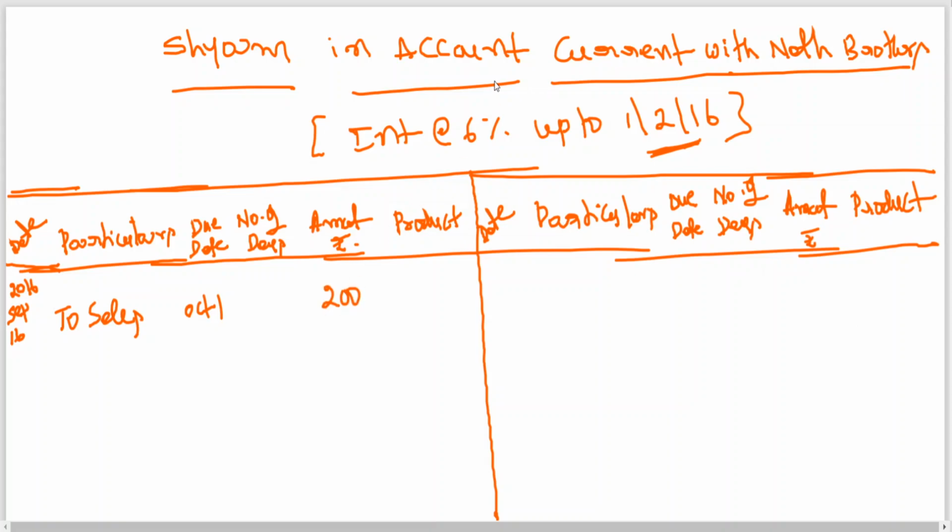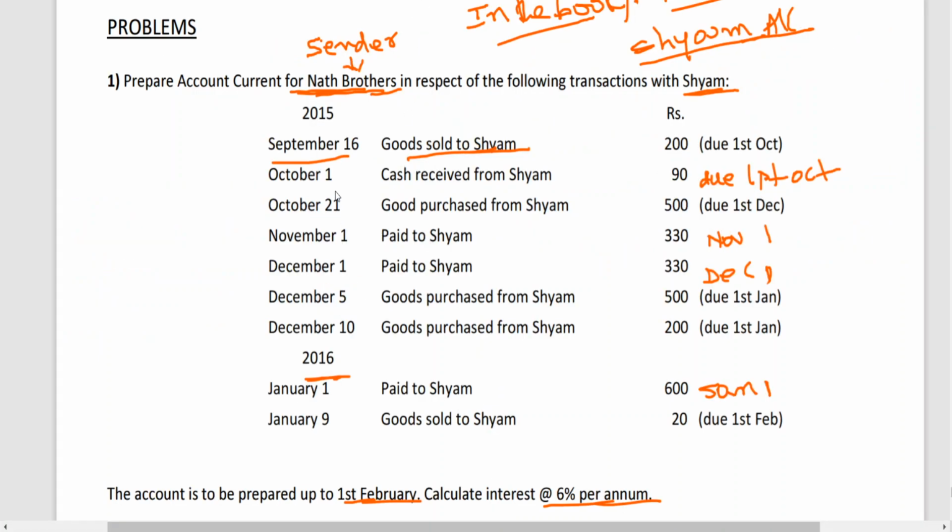Number of days we can calculate at last for all the problems. Let me complete both. October 1st, cash received from Shyam.